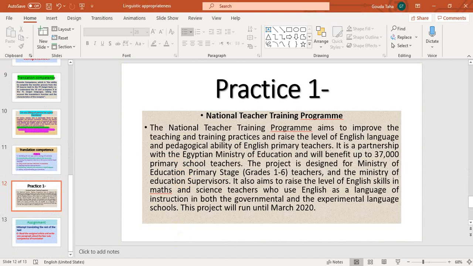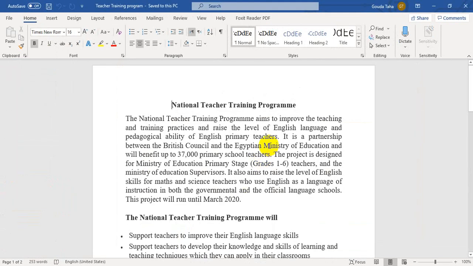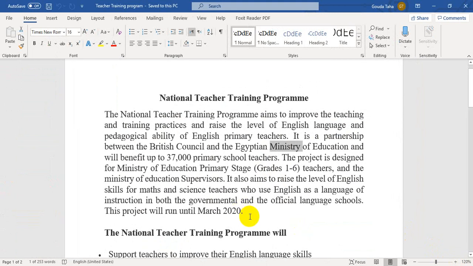So, here is the text, and we need to translate this text. So how can we translate it?